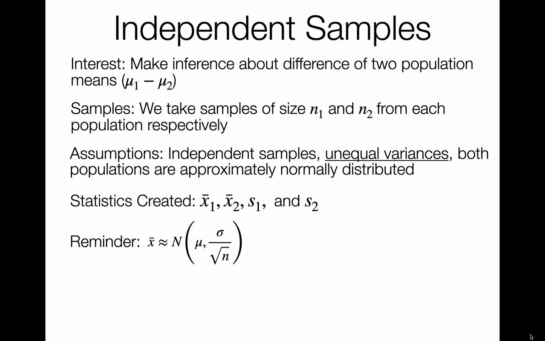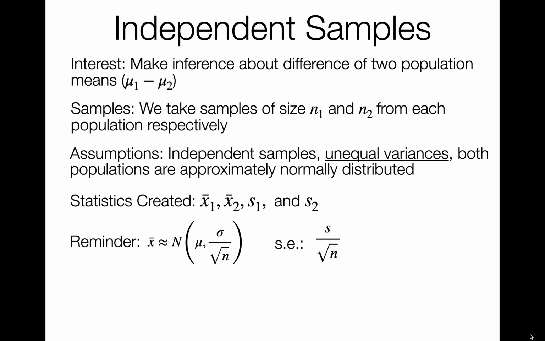Now, of course, when we substitute in S for sigma, which is what we did, it's no longer normal, it becomes a T. Just keep that in mind. And then the standard error of that sampling distribution, when we substituted S in, was S over the square root of n.